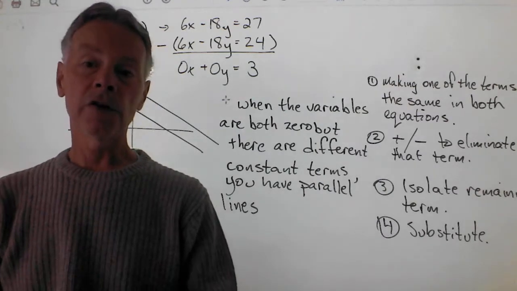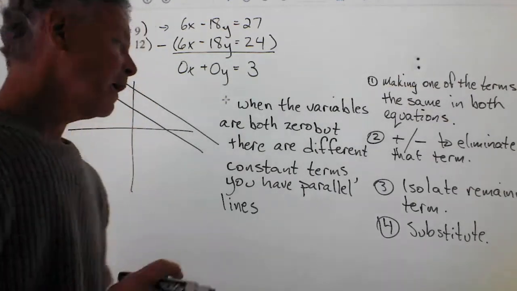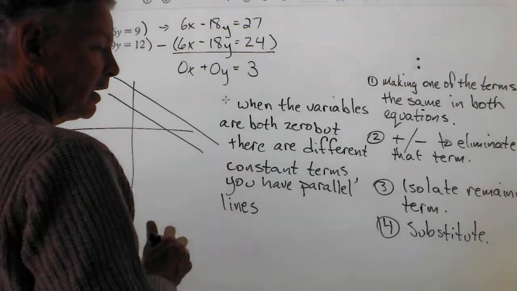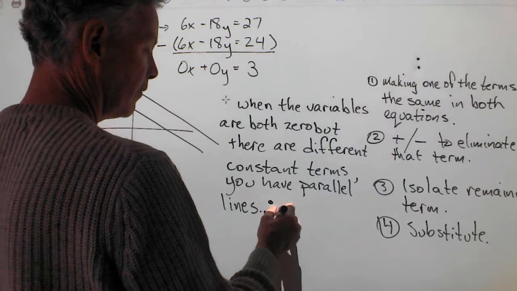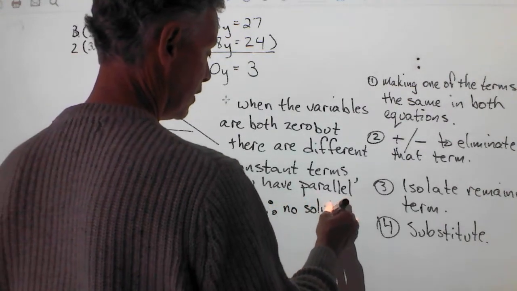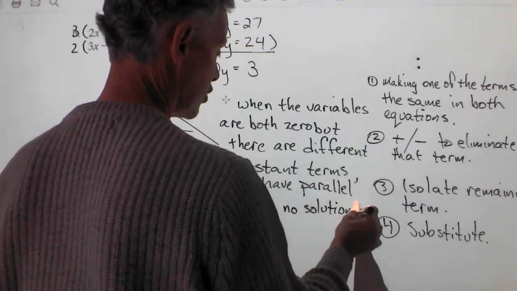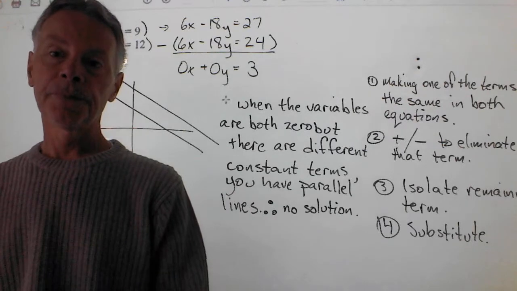They never intersect. Remember we looked at this in lesson 8.1. And if they never intersect, therefore, no solution, because they never intersect. They don't share any x or y values. Okay?